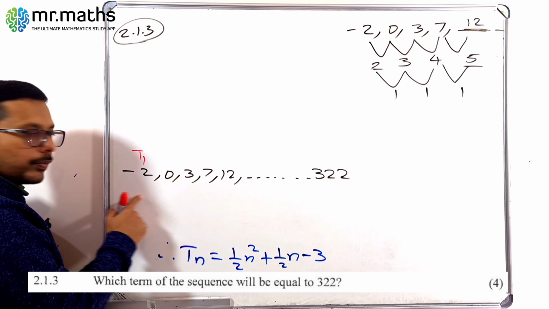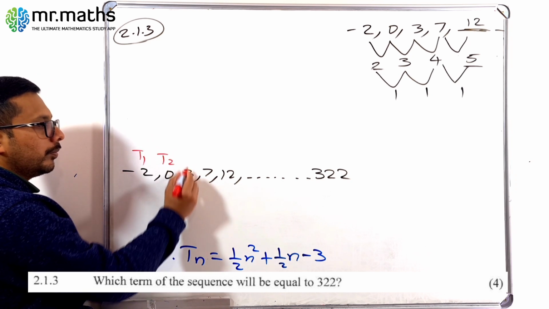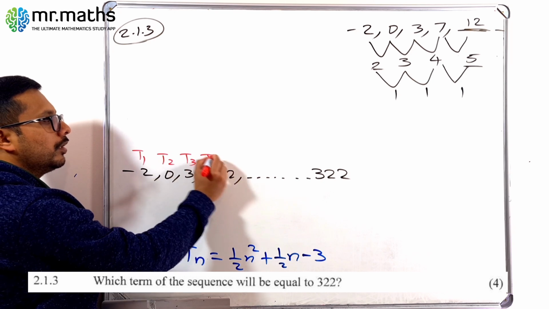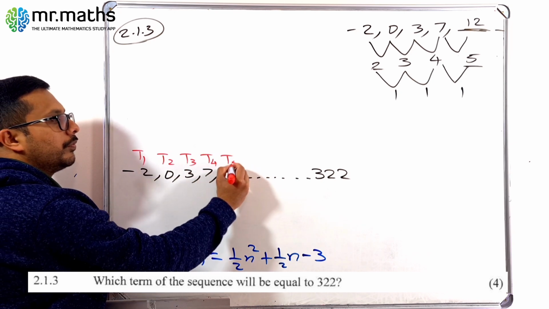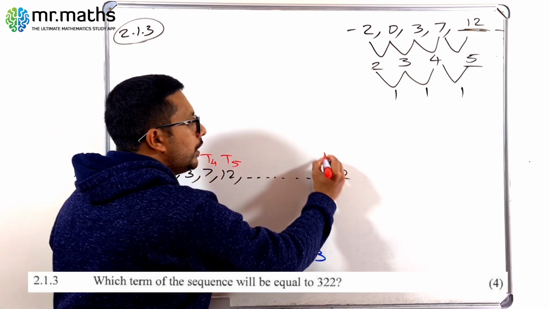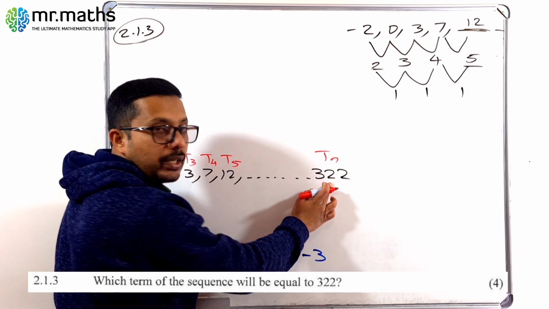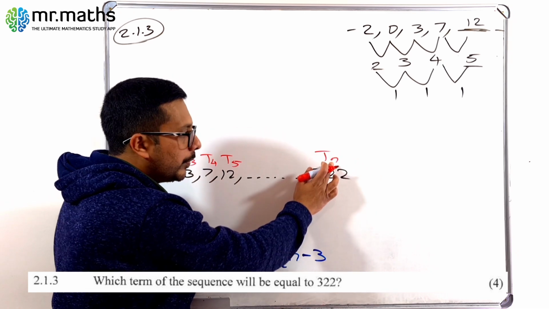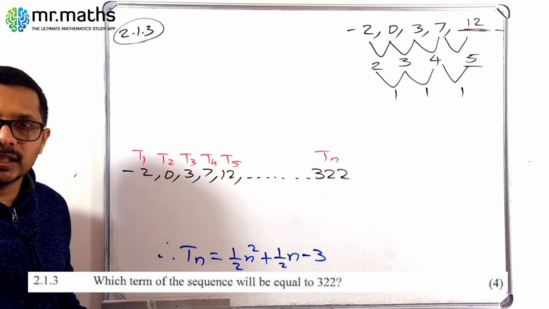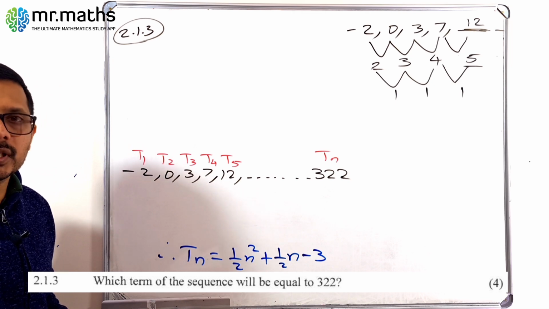This is the first term, this is the second term, this one is the third term, this one is the fourth term, this one is the fifth term, like that. Which term is this 322?